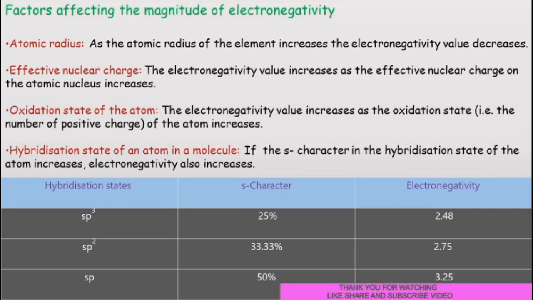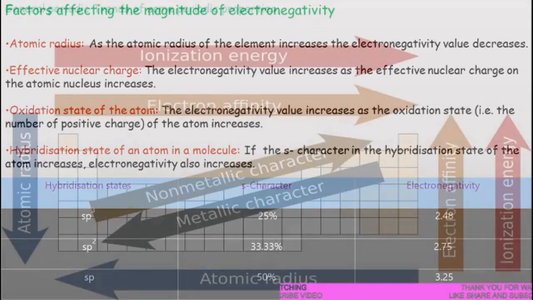It also depends on the hybridization. Some examples you can see are acetylene, ethylene and ethane. These are the sp, sp2 and sp3 hybridized elements.